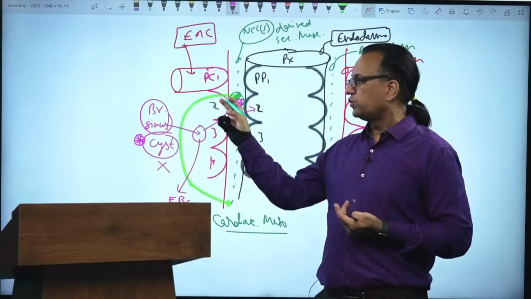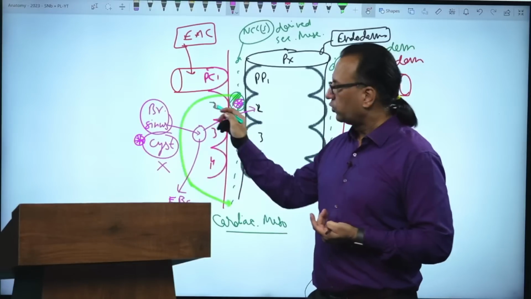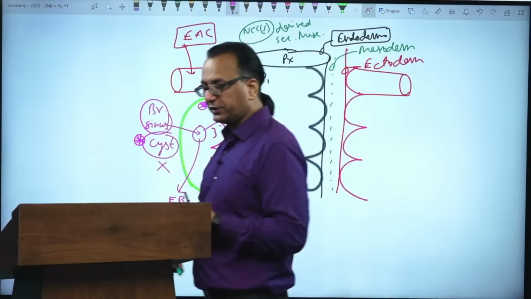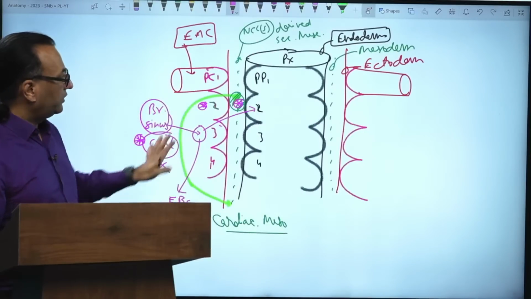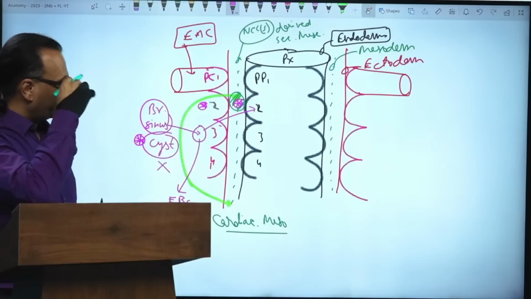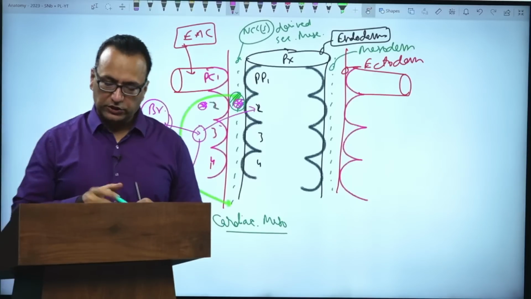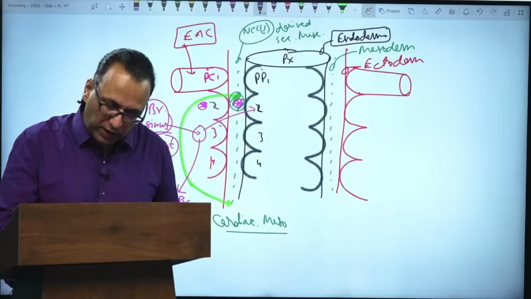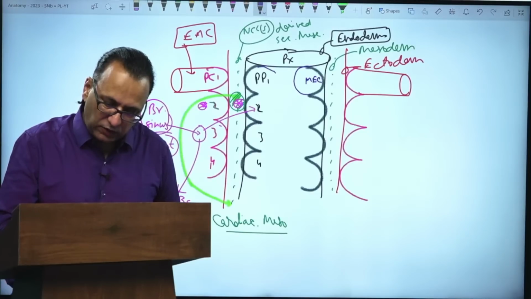But if you have to choose between 2, 3, 4, then 2 is your best answer, according to the literature. Okay, now that is about the cleft. What about the pouches? In here, pouch 1 will form, you can show here, middle ear cavity and eustachian tube.